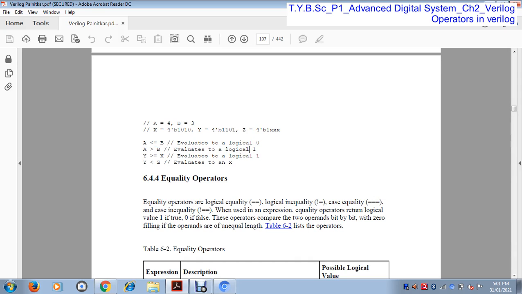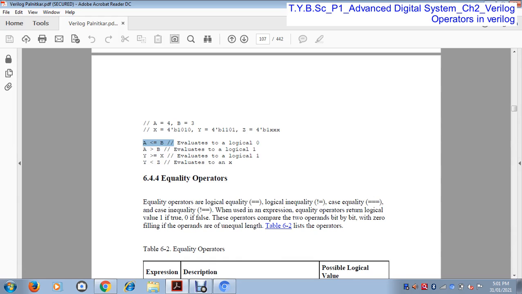This expression indicates that a is less than or equal to b, but this is not true because a has a value 4 and b has a value 3, so the result of this expression is 0.